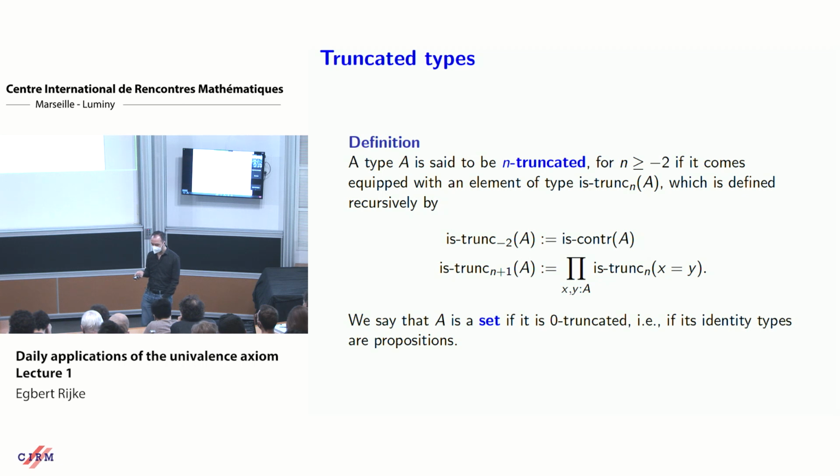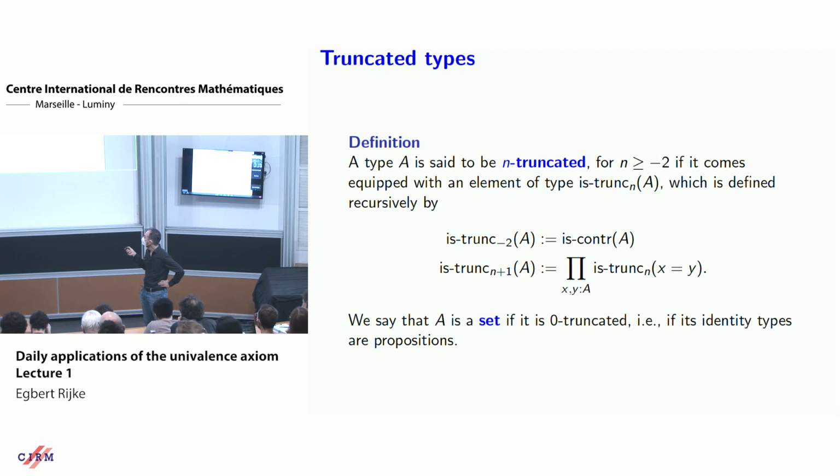In set theory, equality is always a proposition because it lands in the propositions. It's not constructed as a set. So we say in type theory that a type is a set if its identity types are propositions.